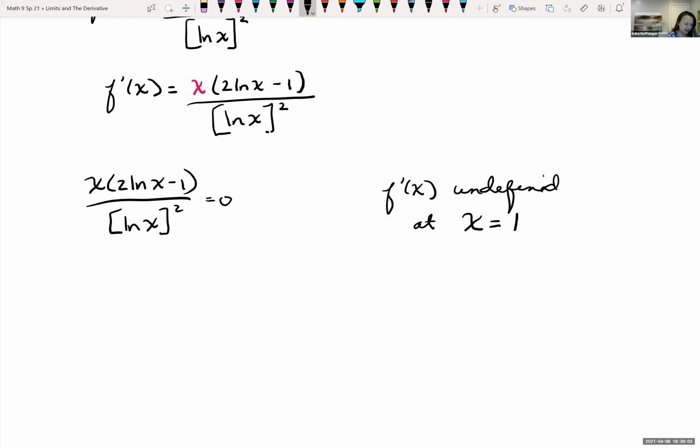I'm not going to worry about the negative numbers. I just need to know when I'm checking my points, I'm not going to look at negatives. Okay, so now setting this derivative equal to 0, if I multiply both sides by my denominator, that goes away. And so I'm just left with x times 2 natural log of x minus 1 is equal to 0.